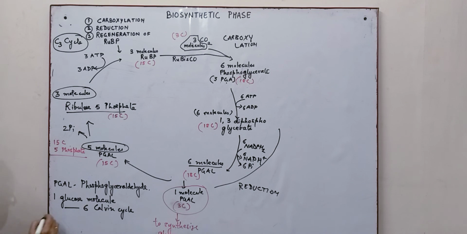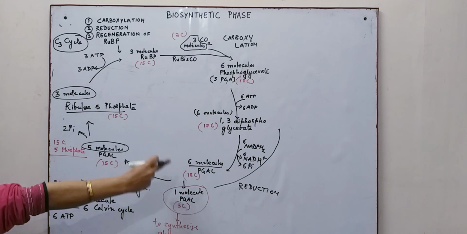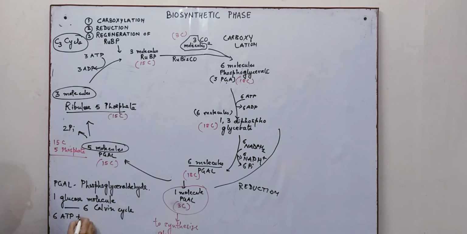Now let us count how many ATPs are required over here. See, there are 6 ATP, and 3 more ATP which have been used. 6 ATP over there and 3 ATP over here, so we have 6 plus 3, which is equal to 9 ATPs.